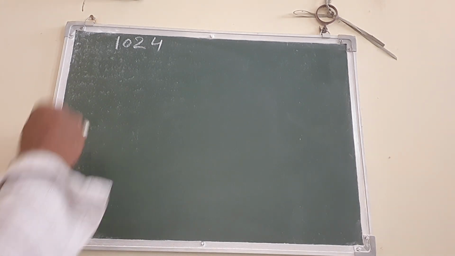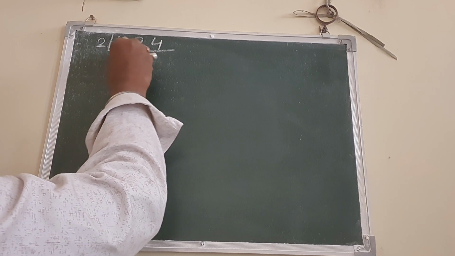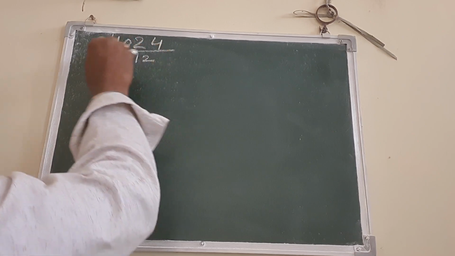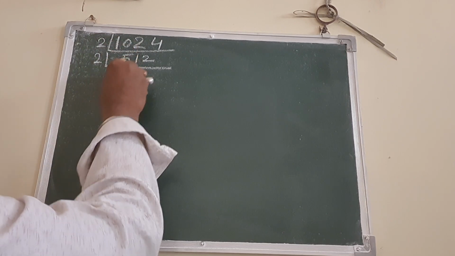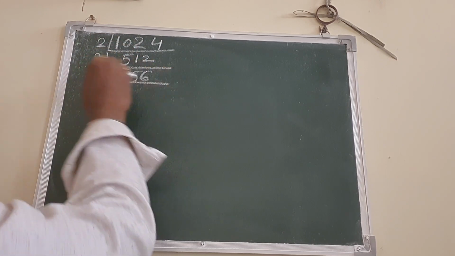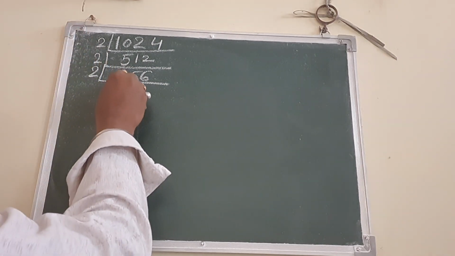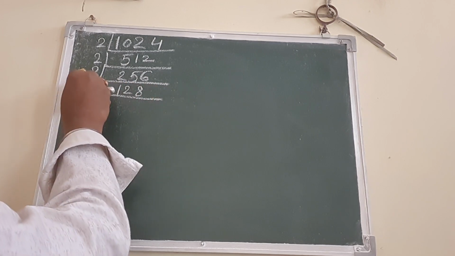So we are proceeding. This is an even number, so it is divisible by 2, so it is coming out to be 512. This is again an even number, again divisible by 2, so it is coming out to be 256, which is again divisible by 2. So again dividing, it is coming out to be 128.